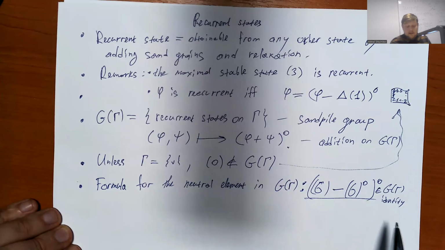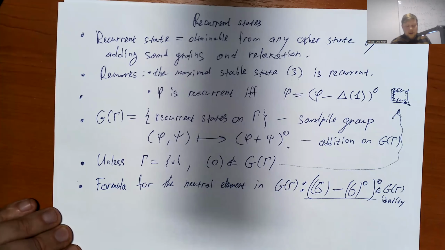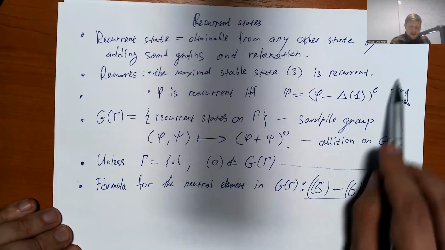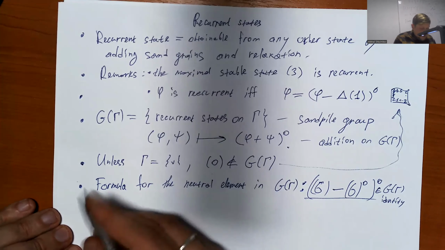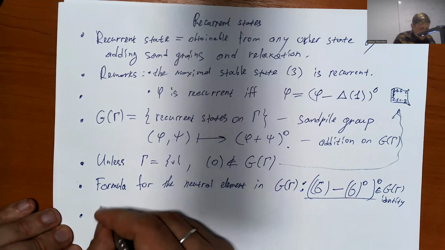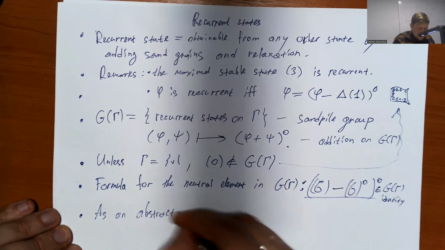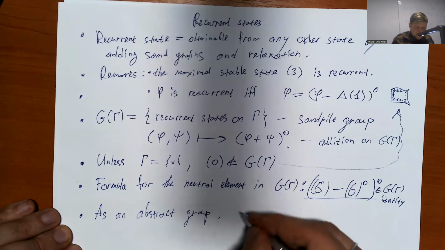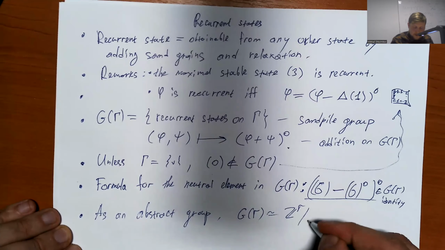Although we have a formula, it doesn't help that much. So actually using a version of this criterion is more helpful. You just add the same thing many times until you stop changing. And this is a way to approach the identity element, used by Michael Kreutz originally. Okay, and now I also tell that as an abstract group, you can find an isomorphism, which is just the co-kernel of the Laplacian.